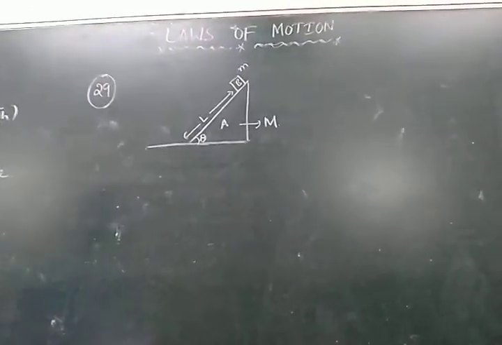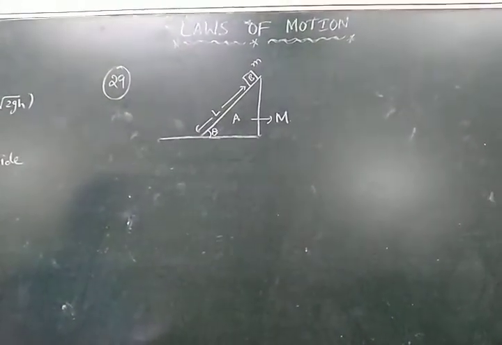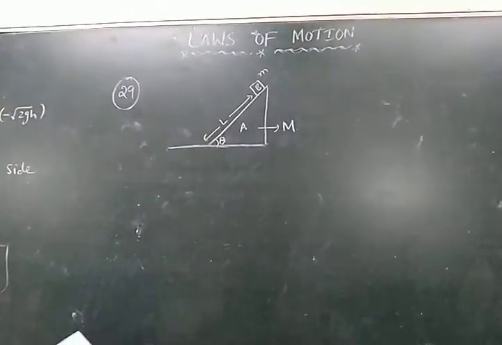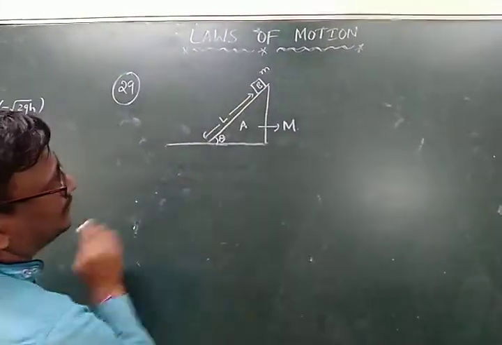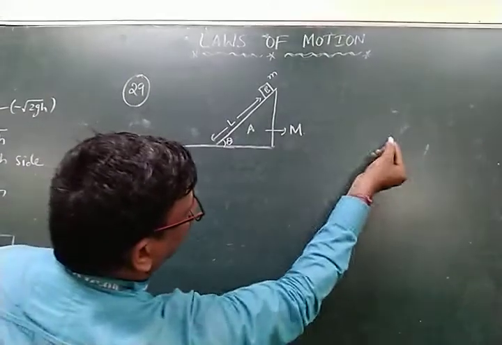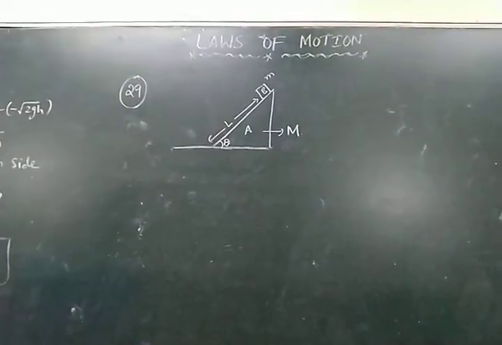By the time the block B reaches the bottom, the wedge A moves a distance of? Now when the block moves on the inclined plane, the wedge moves in this direction due to a pseudo force.